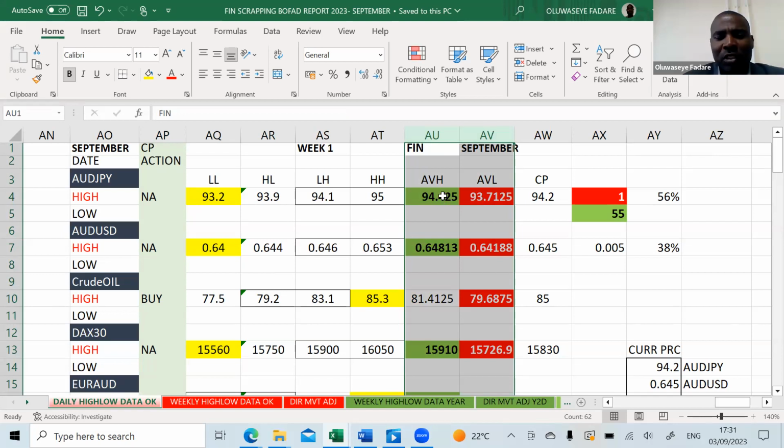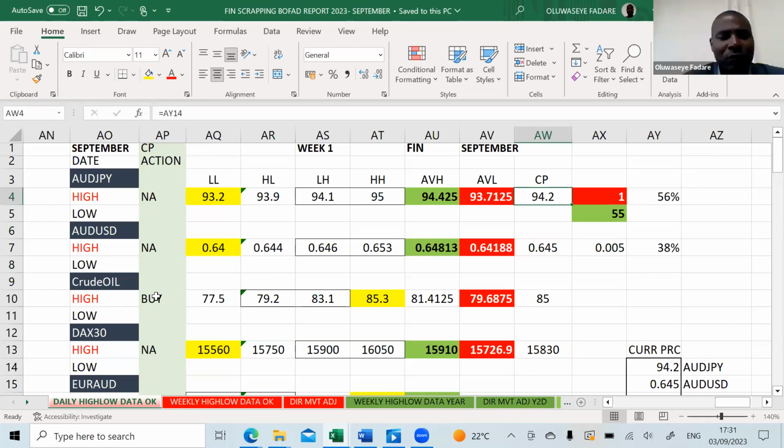The idea is to buy at the AVH, which is at the top, so we buy at the price at the top and we sell at the price at the bottom. Currently, as you see, our current price is 94.2, which is in between both sides. So if the market goes up, we buy, and if the market comes down, we sell. That's what this entails.